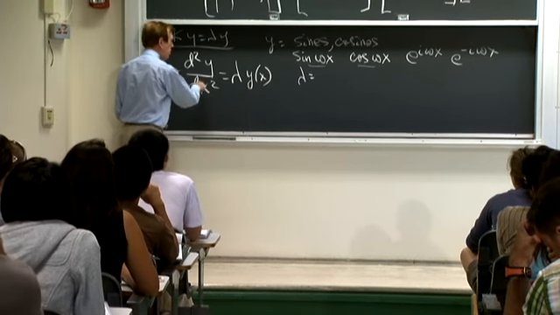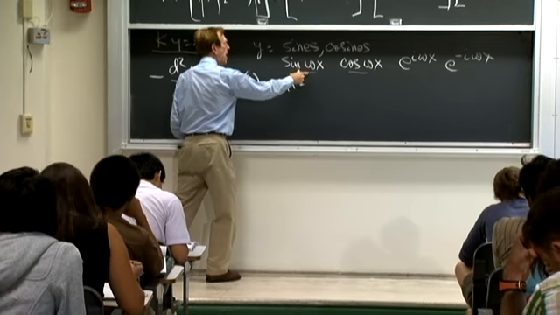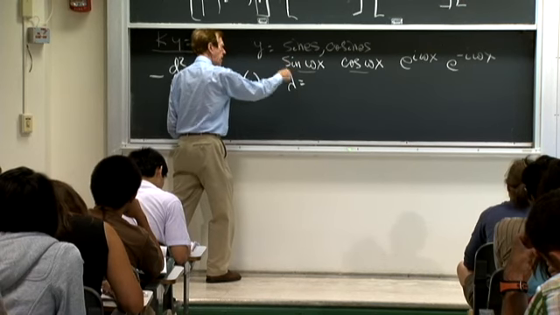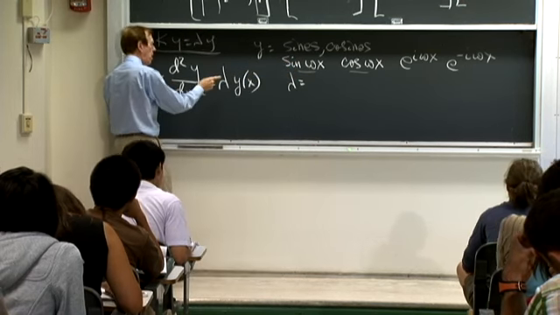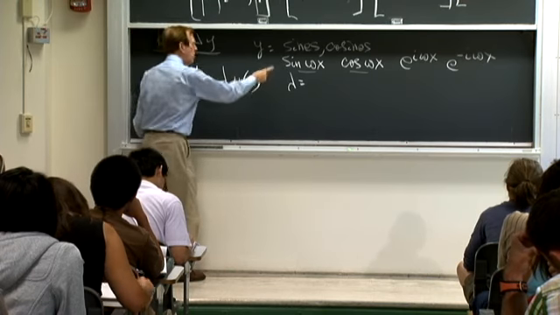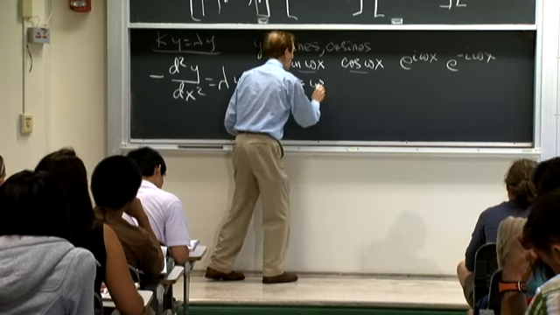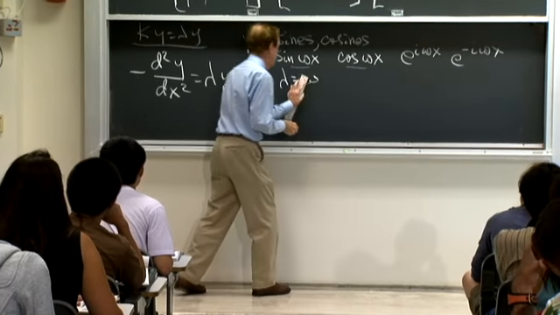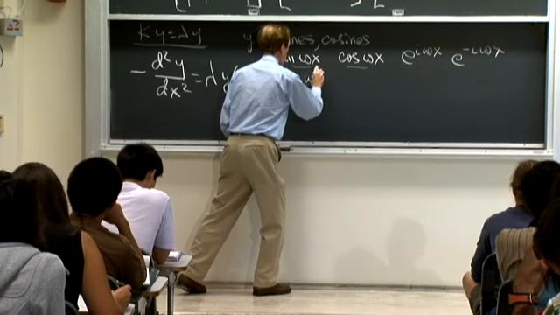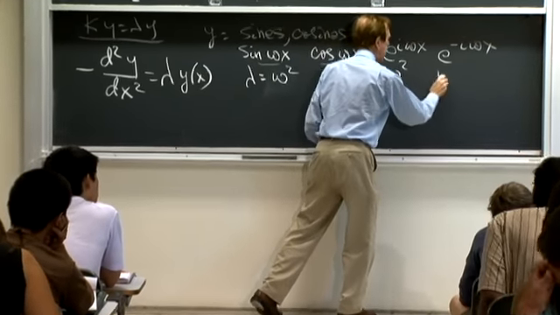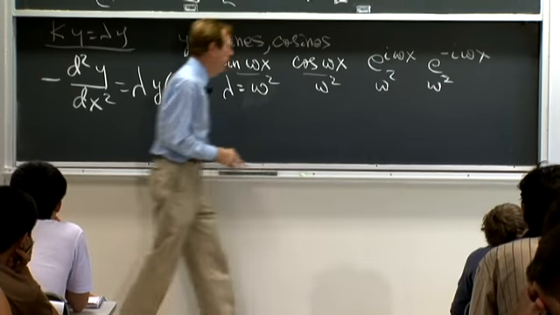Because I take the second derivative of the sine, that would give me the cosine, back to the sine, omega comes out twice. It comes out with a minus sign from the cosine, and that minus sign is just right to make it plus. Lambda is omega squared. Those are the eigenvalues.